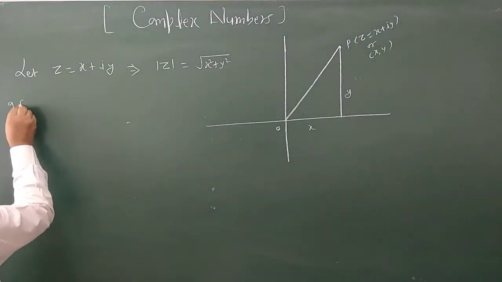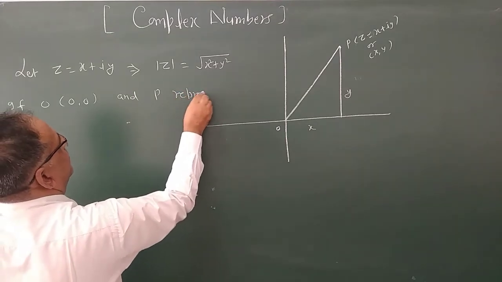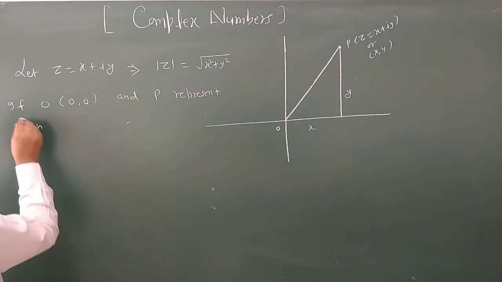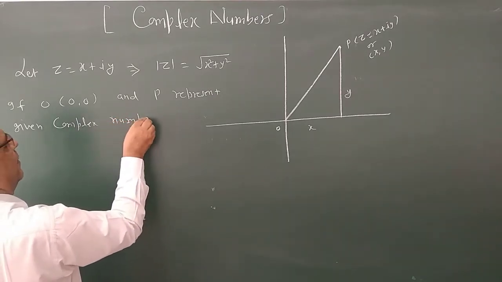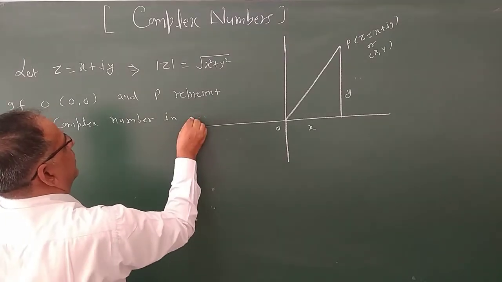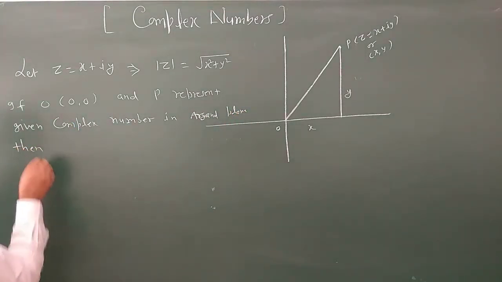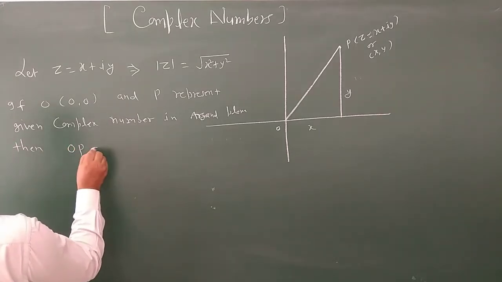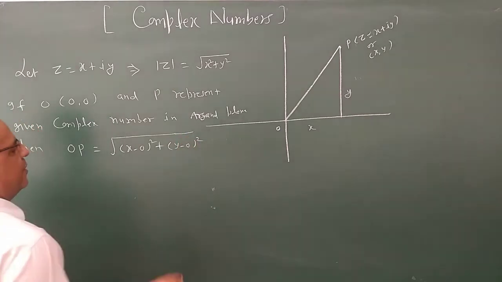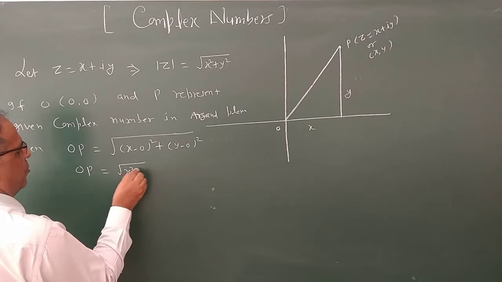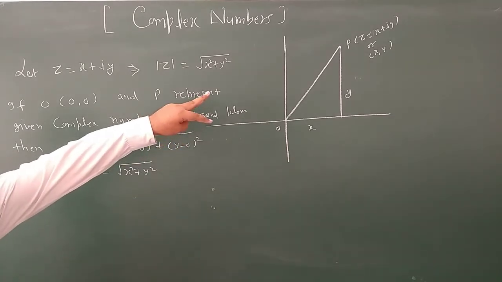So if O is 0 0 and P represent the given complex number in Argand plane, then OP equal to under root of x minus 0 whole square plus y minus 0 whole square, that means OP equal to under root of x square plus y square, because P point represent the complex number z in Argand plane.